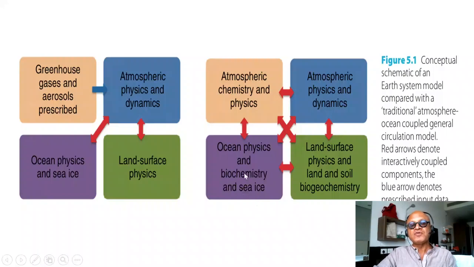Ocean physics also would include biogeochemistry and in many cases sea ice, so they all then begin to interact with each other. That's the idea of the Earth system, which we are starting off simply here in terms of a schematic.